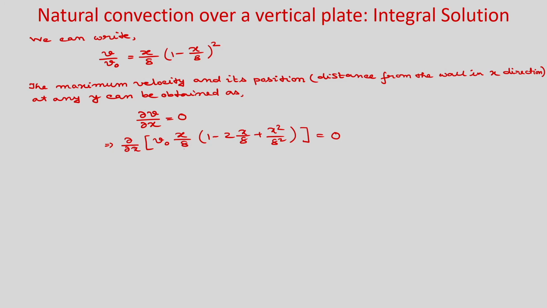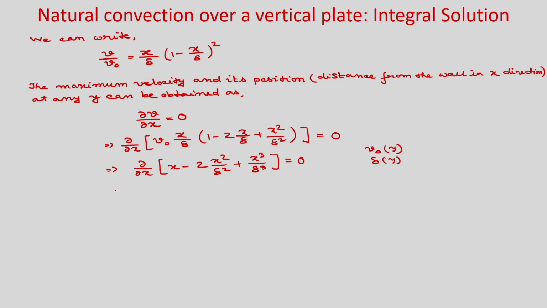So, you can take them outside the derivative. So, you can write del by del x of (x minus 2 x square by delta plus x cube by delta square) is equal to 0, okay, because V naught is a function of y and delta is a function of y, right.